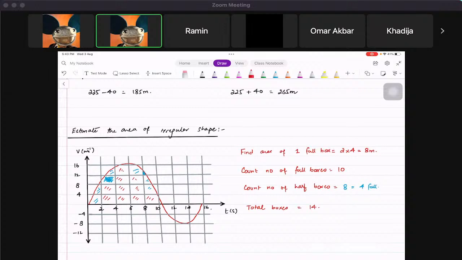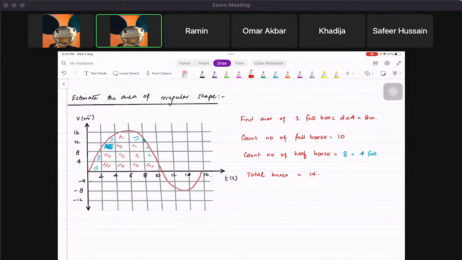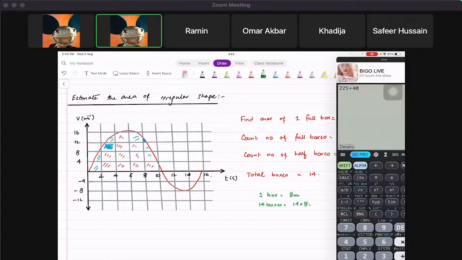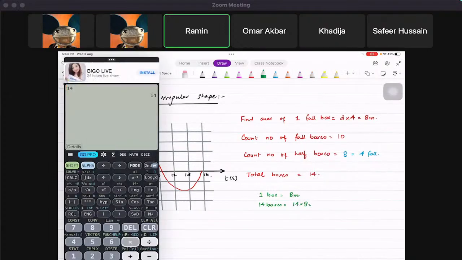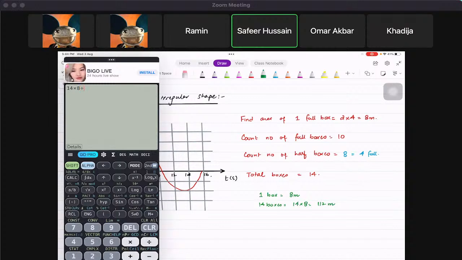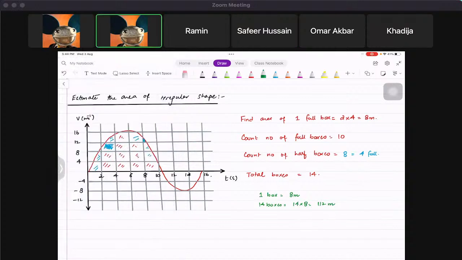So I'm gonna say, okay, if one box had an area of 8 meters, then 14 boxes will have an area of 14 times 8, which basically makes up to 112. 112. Very good. Meters, right? So we got the area of this. This is 112 meters. Okay, then for this other one, we can quickly do this.